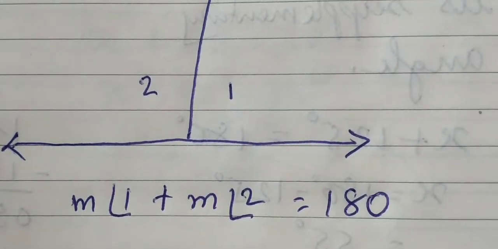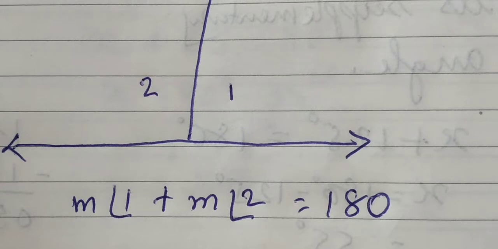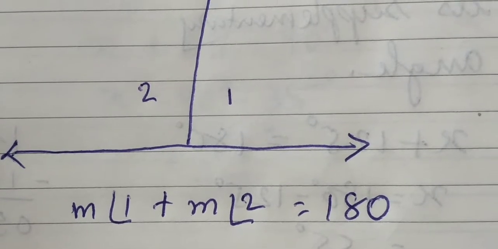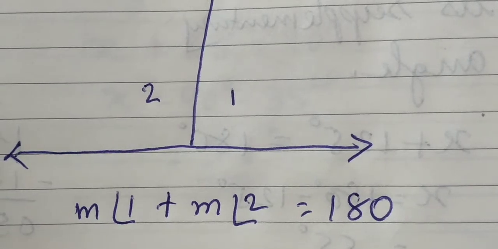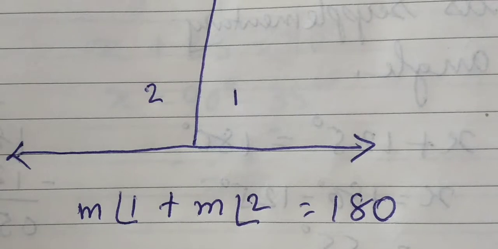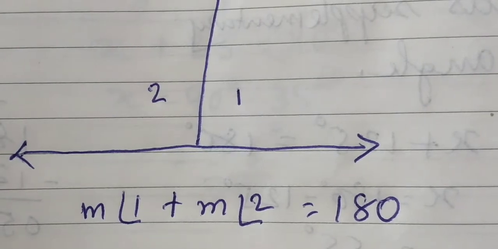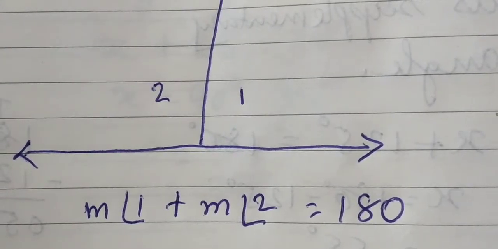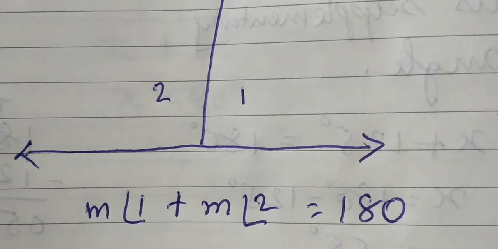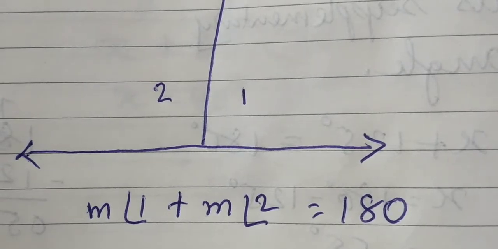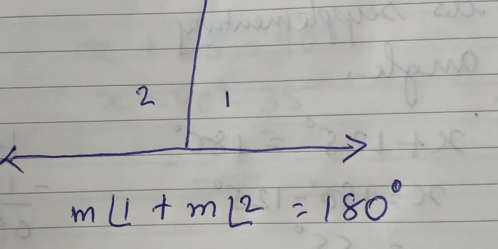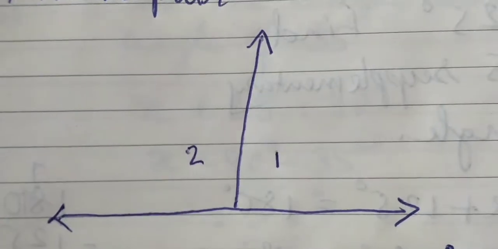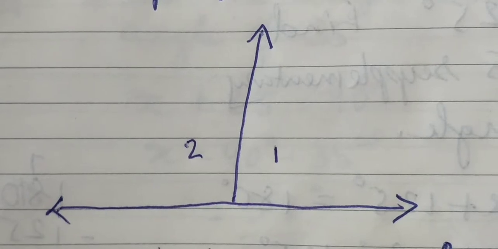What is the difference between a linear pair and supplementary angles? In supplementary angles, the two angles in the pair can be separate. They don't share a common arm, right? So two different angles with such measures, when you add them, you get 180 degree. But a linear pair is such a pair where they share one common arm.